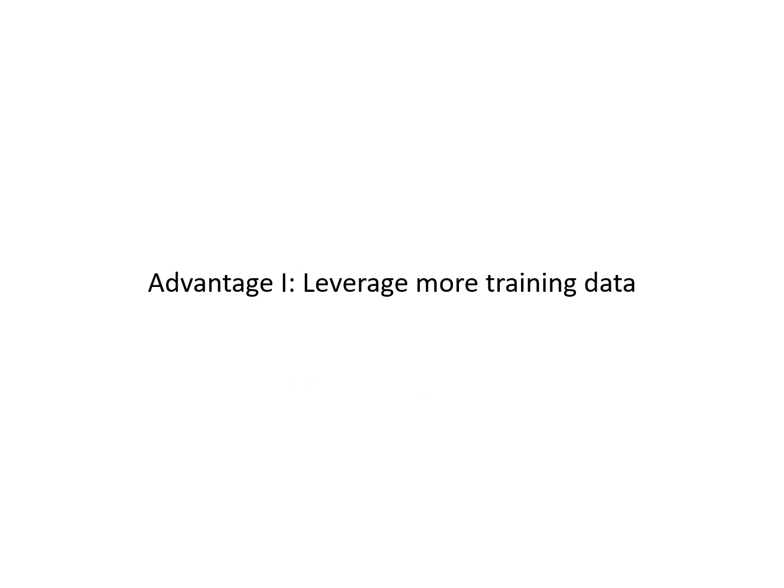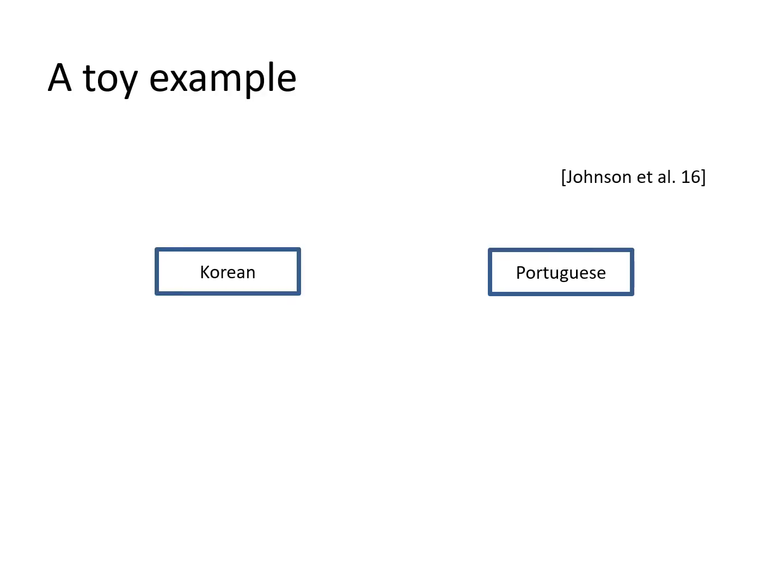I will walk you through two advantages on why such graphical hybrid representation is useful. The first advantage is that it can leverage more training data. So here we want to have a toy example. Suppose we have two languages that possess very limited data for the task of machine translation, right?